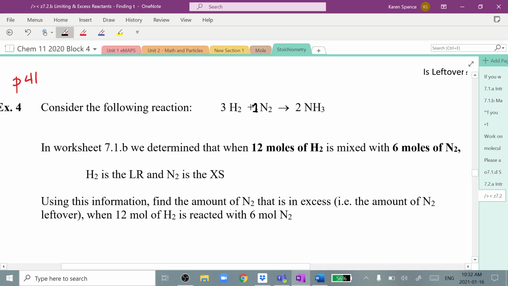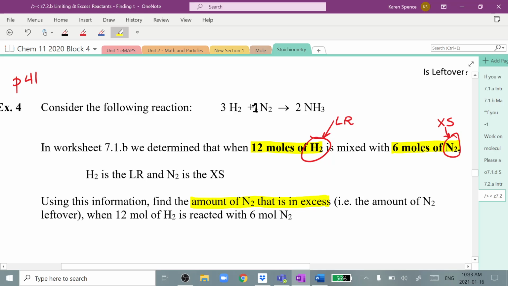And in worksheet 7.1b, Intro to Limiting Reactants, we determined that if we had 12 moles of H2 and we had 6 moles of N2, that the hydrogen was the limiting reactant because it produced less product, and the N2 was the excess reactant because it produced more product. Using this information, find the amount of N2 that is in excess.